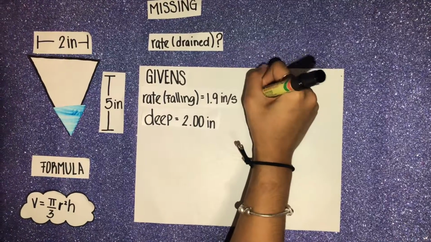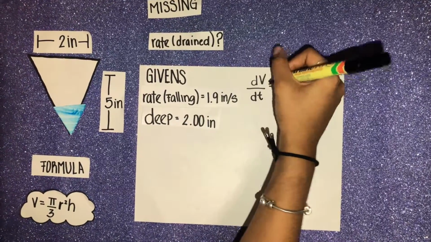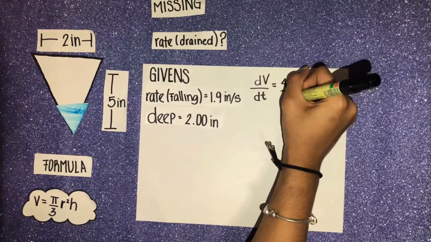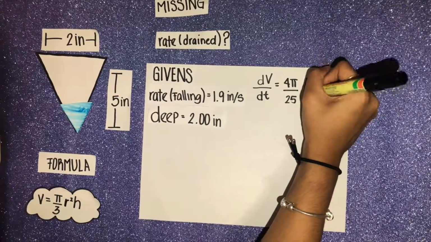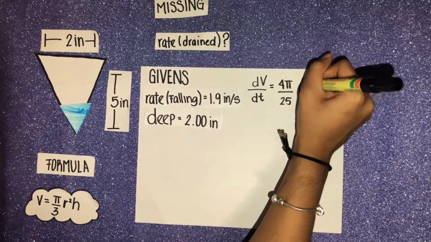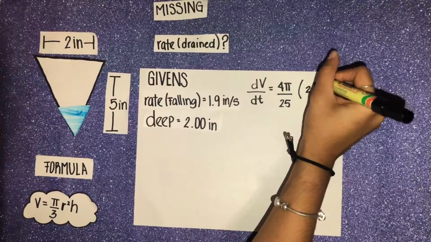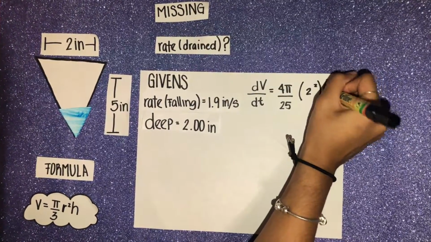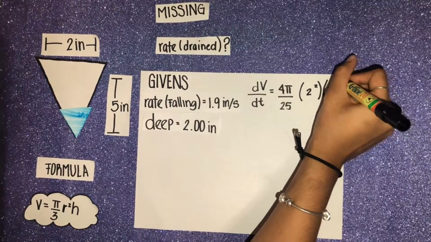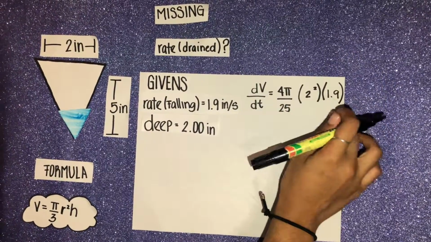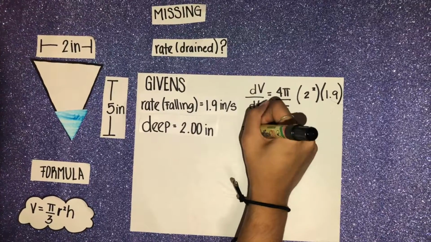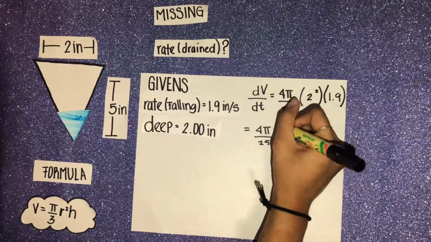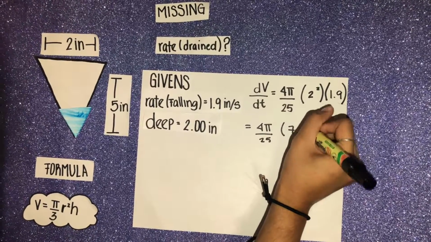dV over dt equals 4 pi over 25 times 2 squared times 1.9. We multiply, and that will give us 4 pi over 25 times 7.6.